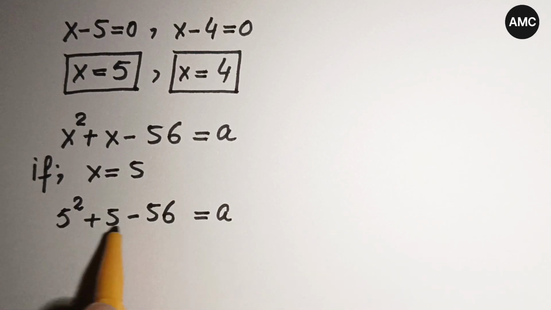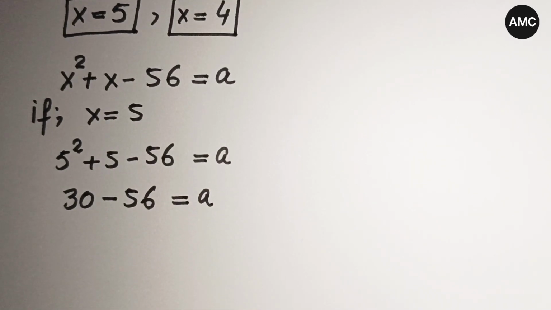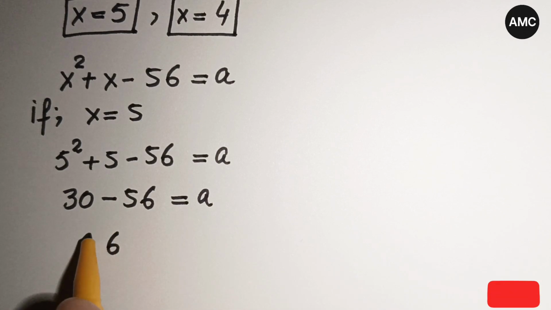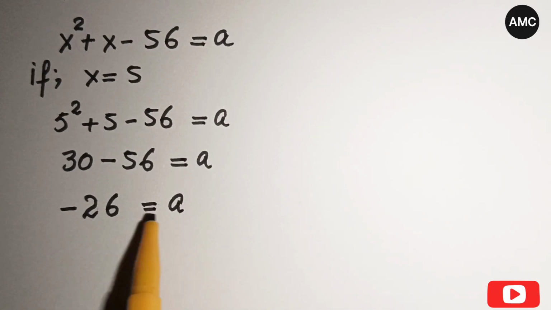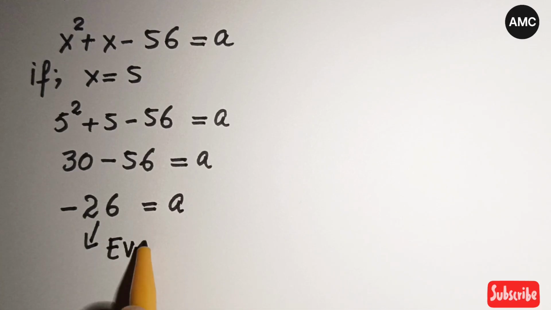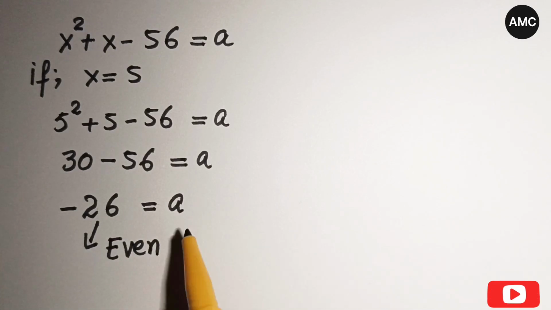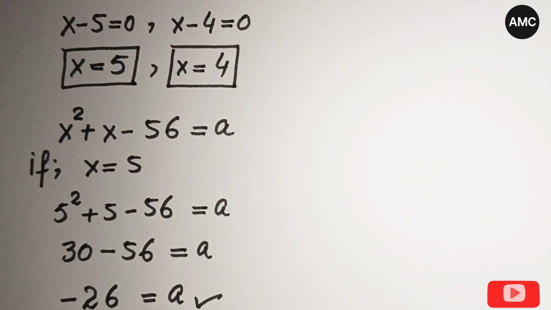Now 5² is 25, plus 5 is 30, minus 56 is equal to a. So 30 minus 56 gives minus 26, so a is equal to −26, and this −26 is actually an even number, so it is a valid solution.